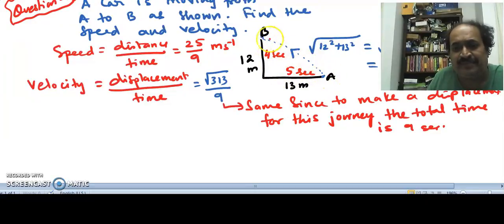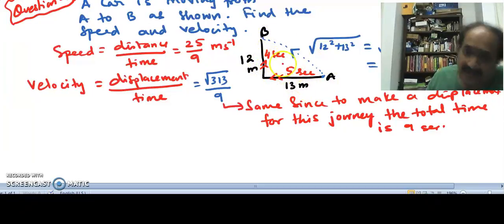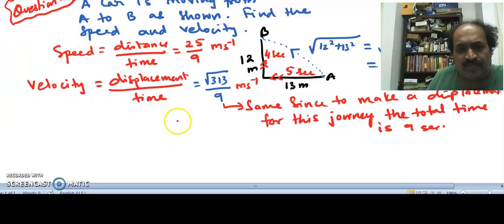The displacement we discussed in the second stage. First you spoke about the distance. Actually you went this way, so you have taken 9 seconds already. You did not go this way for the displacement; you went this way only. So for this condition, the time taken is 9 seconds, and on that only we are working. That is why we have taken 9 and not less than that. So whatever answer you get, that much meter per second. I hope this is clear, and then we'll continue now in the second part of this. I will end here for this part of the video, and then continue next part.